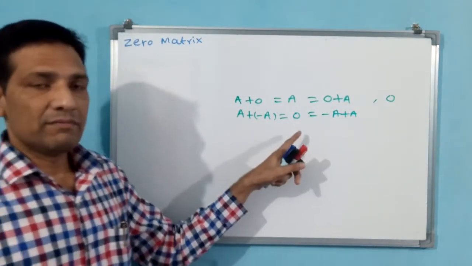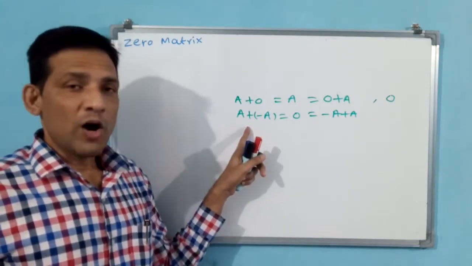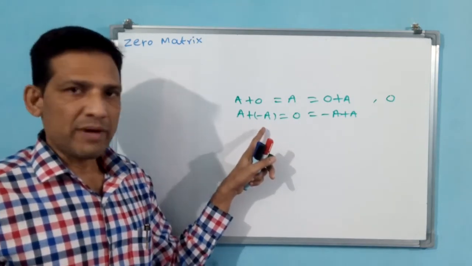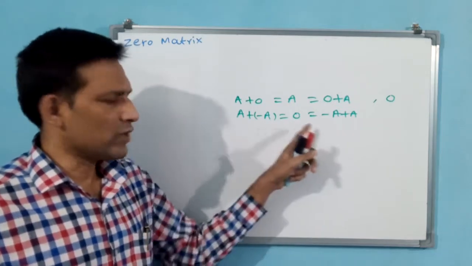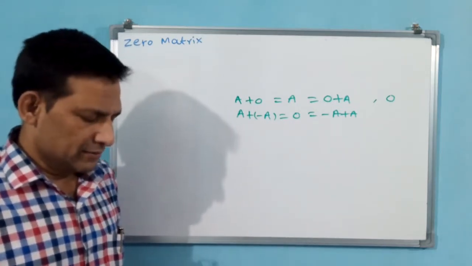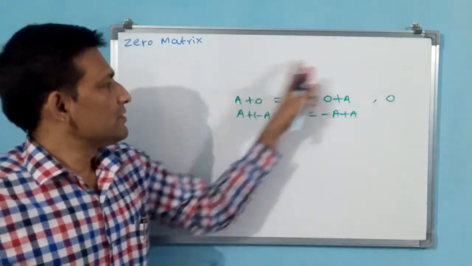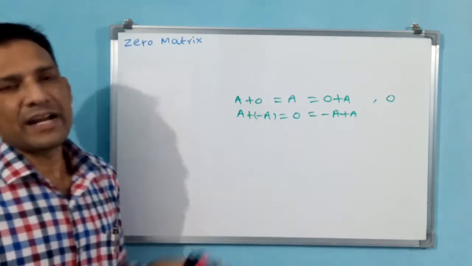That means for getting a zero matrix, you have to add the negative matrix of that one. Negative matrix minus A we have also seen, minus 1 multiplication with a scalar we have also seen, all this. Okay, now what we say, this is all up to addition only, for getting the zero matrix or understanding the zero matrix.